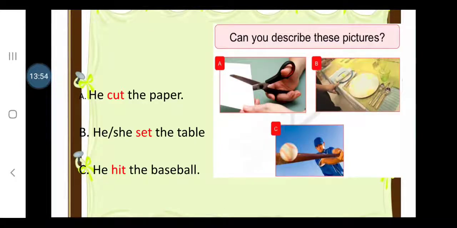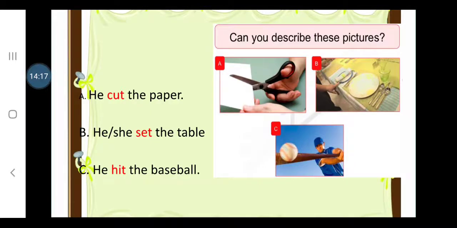Can you describe these pictures? Okay, we have picture A again, B, and C. Picture A, he cut the paper. Note that cut does not have a change of form, okay?